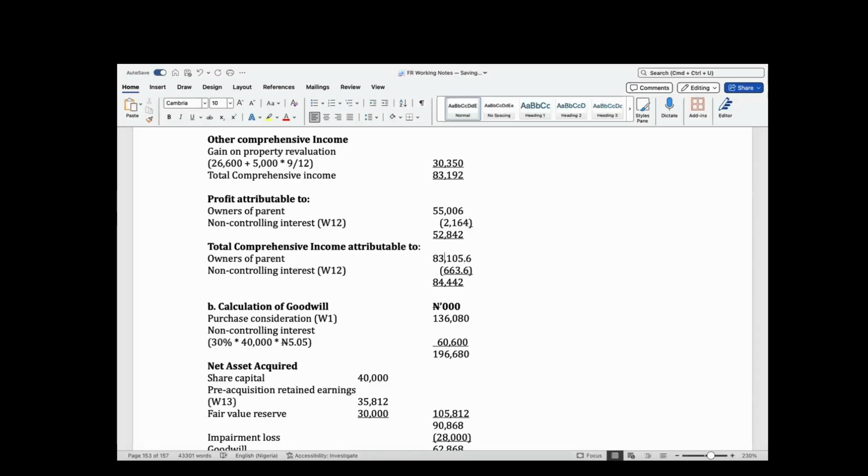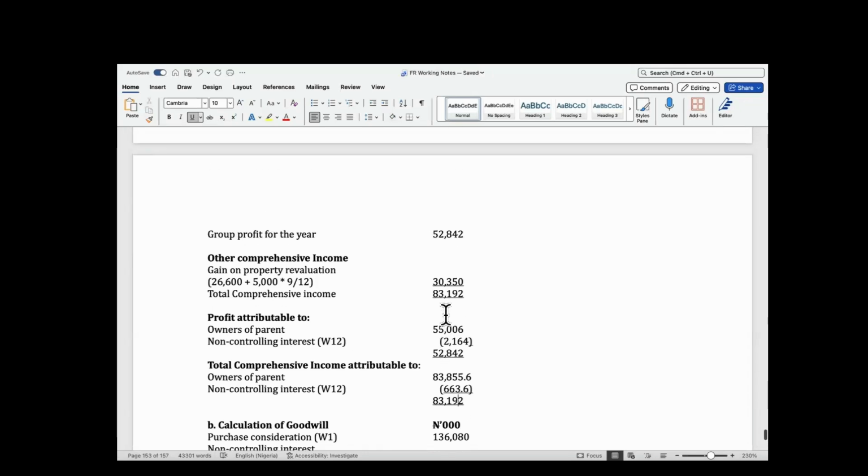There's no 0.6. Okay, so it's still going to end up with 83,192. Still end up with 3,192. So I needed to correct that.